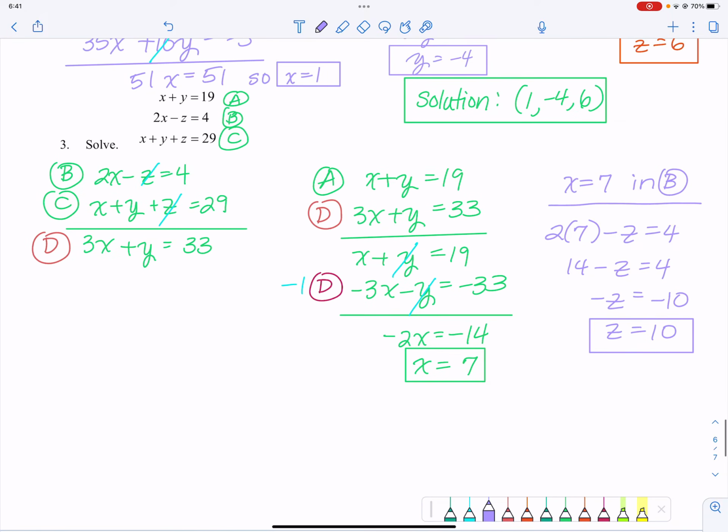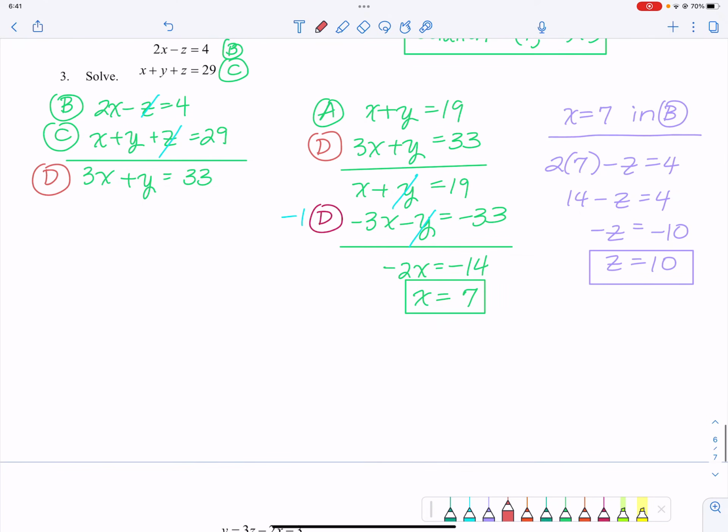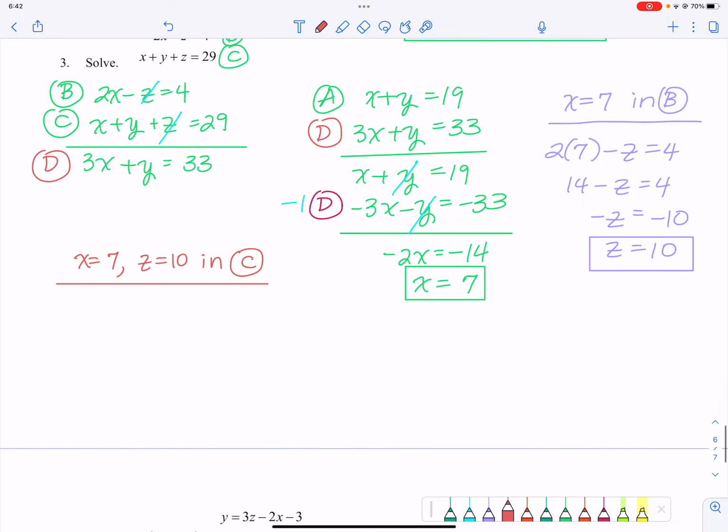We could do that. Or let's just go back into our original C. Let's just try that. So we have X equal to 7. We have Z equal to 10, and let's go back into our original C. But again, there's other equations you can go into. So we have 7 plus Y plus 10 equals 29.